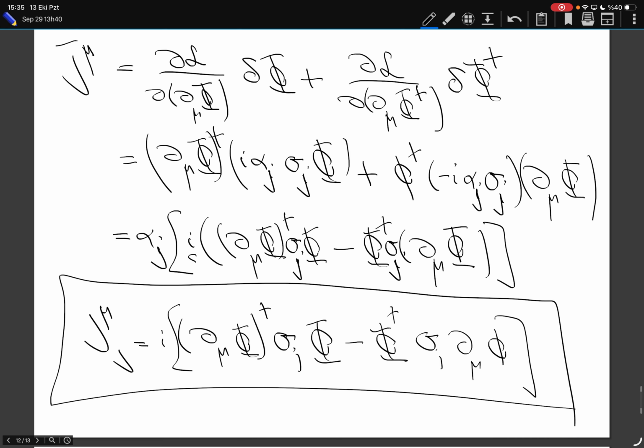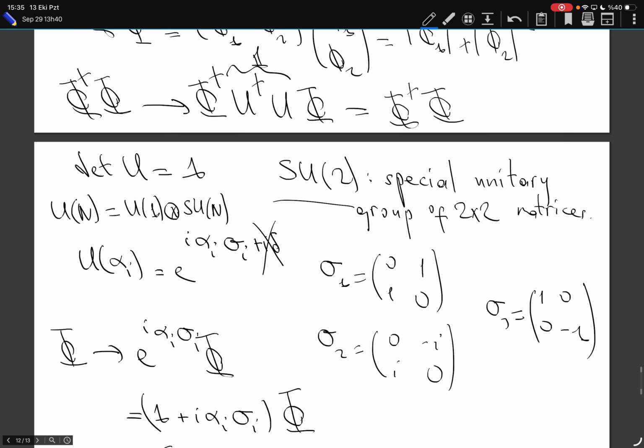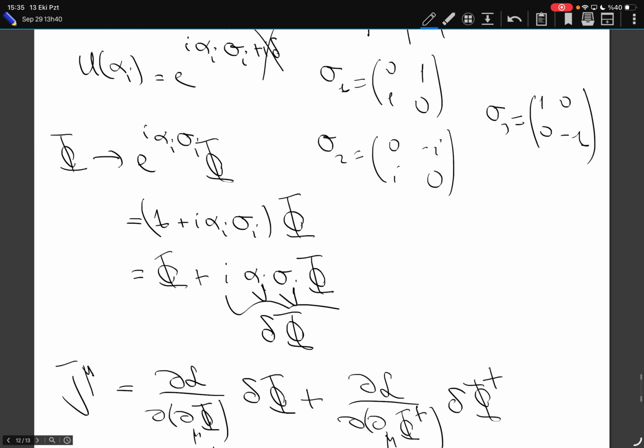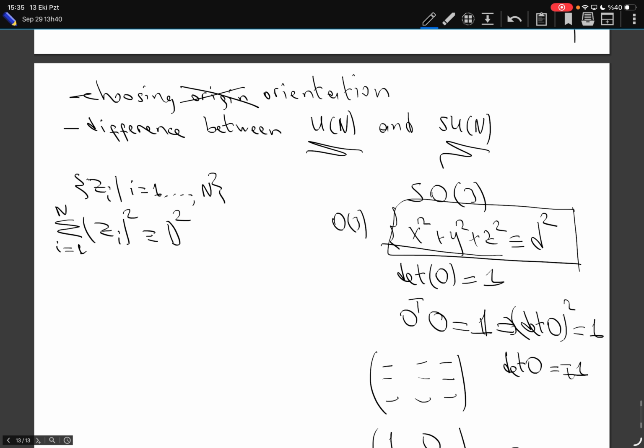Can we interpret the SU like SO leaves the norm of the vector invariant? And physically, what SU N stands for is that it leaves probability invariant. You see, real space is a real valued space in the sense that I have vectors whose components are real numbers. I can also imagine spaces where the components are complex numbers. There I can also define a norm.